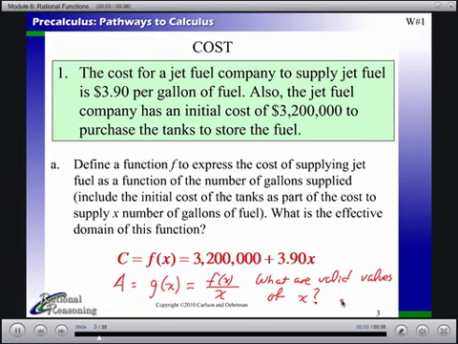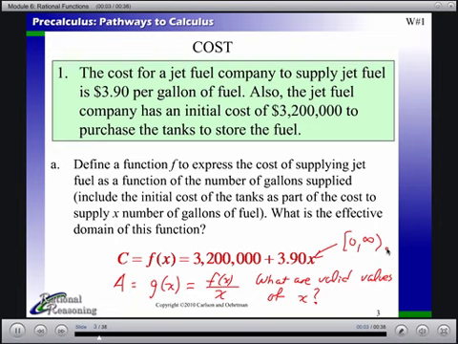So we can have 0 gallons. We can absolutely have 0 gallons. But in this function, 0 would not be permitted, you see? Because it would be trying to divide by 0. Okay? So in the total cost, 0 is fine.